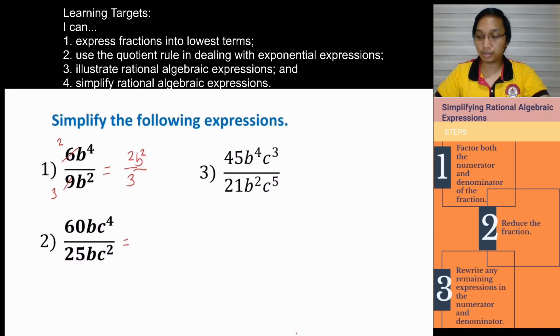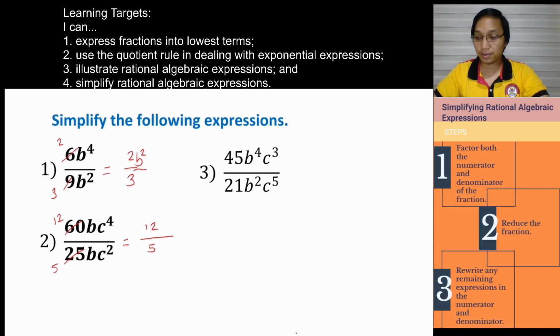Next, number 2. Think of a number that divides 60 and 25. That will be 5. 60 divided by 5 is 12. 25 divided by 5 is 5. So I'll have 12 over 5 for my fraction.